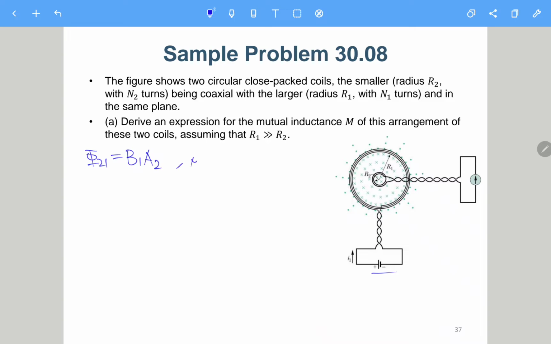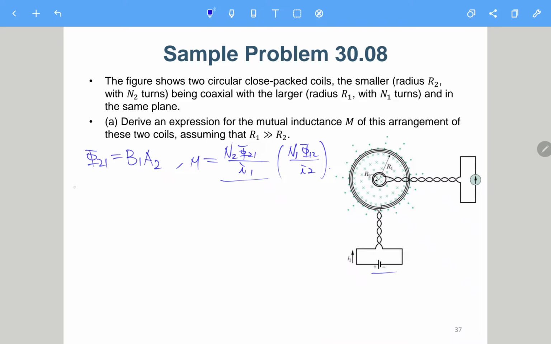So here we have M equals N2 phi 2 1 over I1, or you can also write it as N1 phi 1 2 over I2. Here we'll use this one.